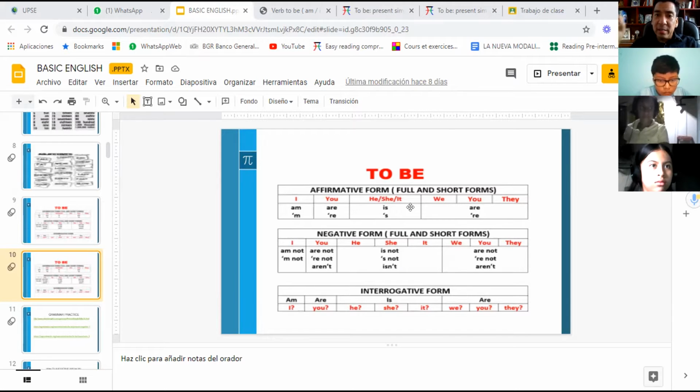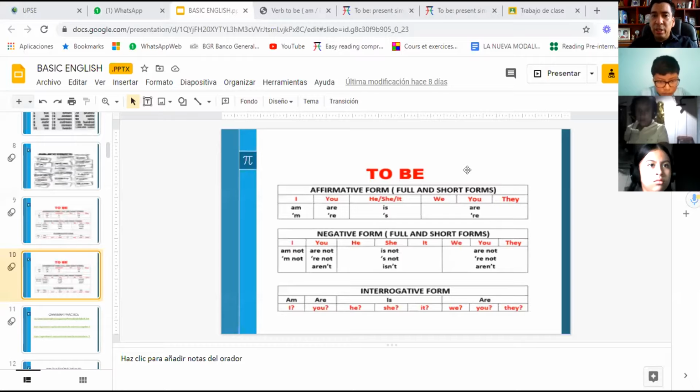So these are the singular personal pronouns: I, you, he, she, it. Remember the correct conjugation: I am, you are, he is, she is, it is.